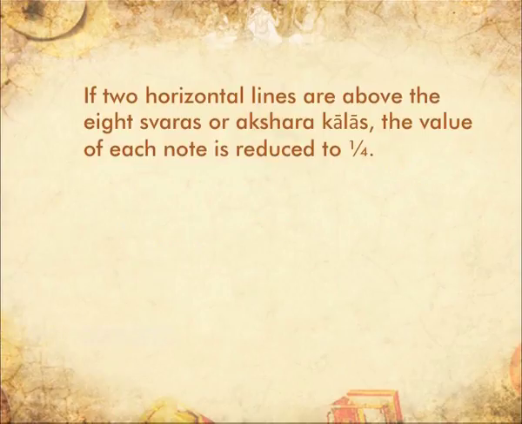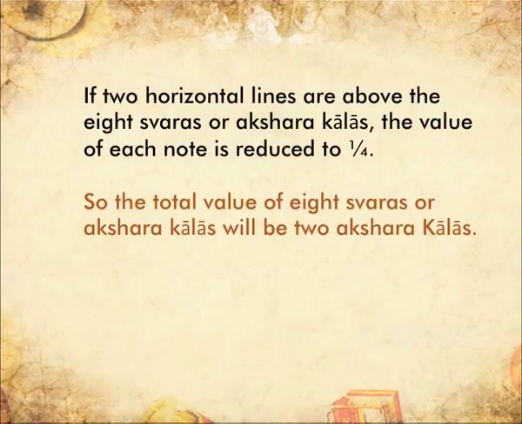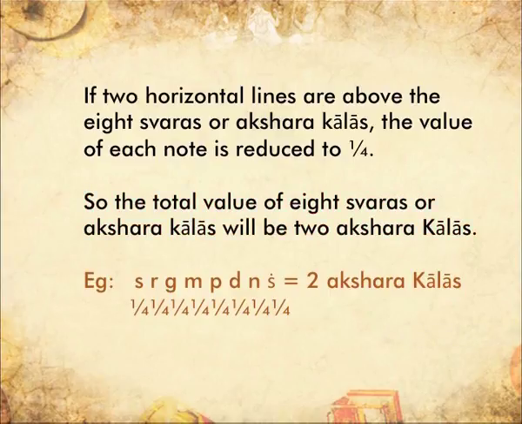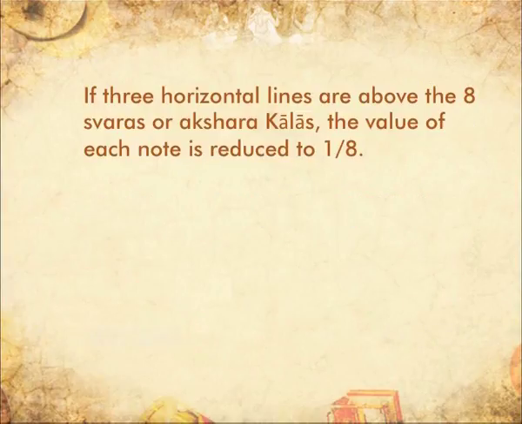If two horizontal lines are written above the 8 swaras or akshara, the value of each note is reduced to 1/4. Therefore, the total value of 8 swaras or akshara will be 2 akshara. Example. If 3 horizontal lines are written above the 8 swaras or akshara, the value of each note is reduced to 1/8.